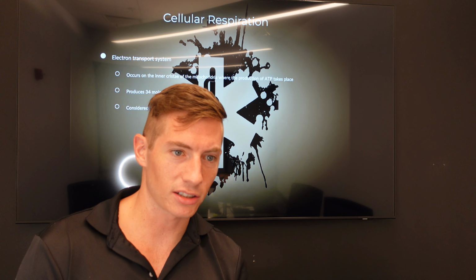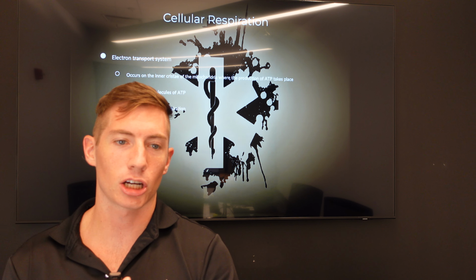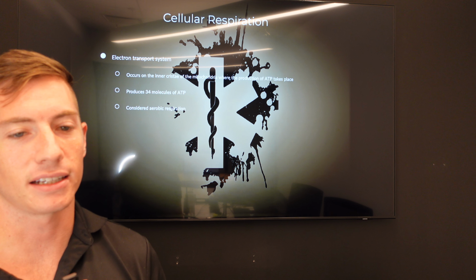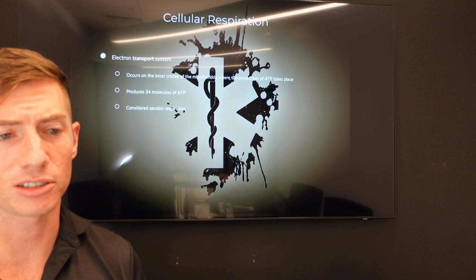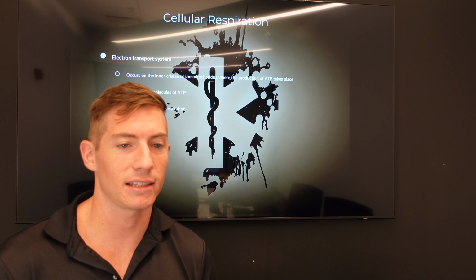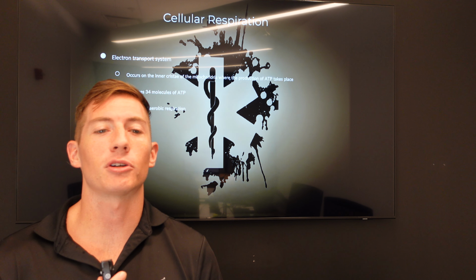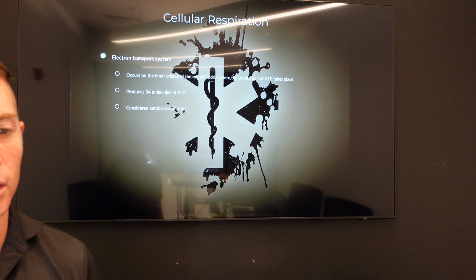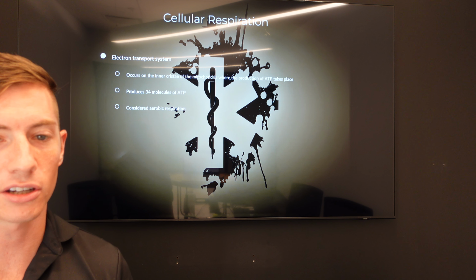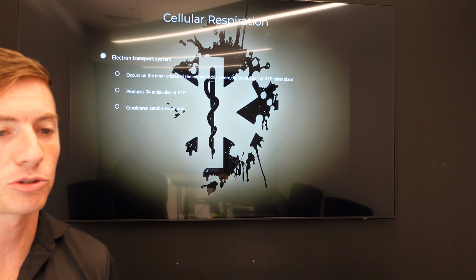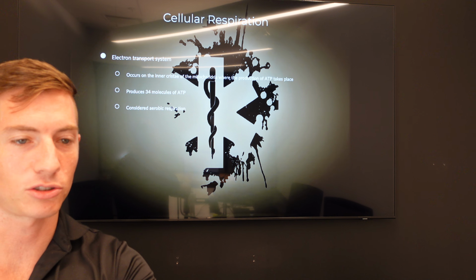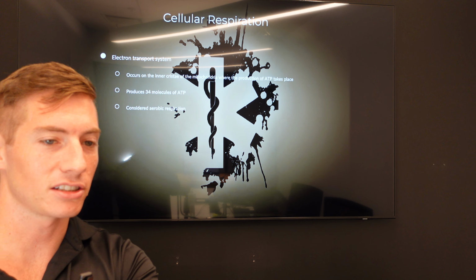Electron transport system. The electron transport occurs at the inner cristae of the mitochondria, where production of ATP takes place. The transfer of electrons from the products of the previous steps produces 34 molecules of ATP. This process is considered the aerobic respiration, considered cellular respiration.